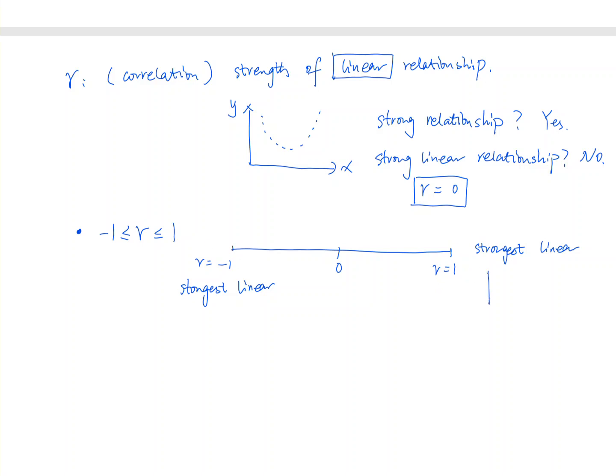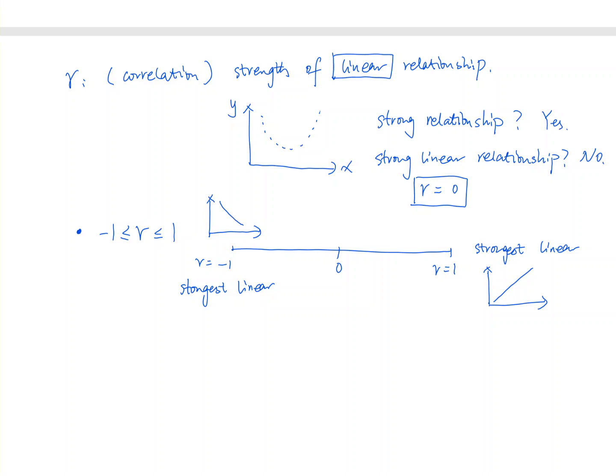When r equals positive 1, that means we have this direction, which is the positive linear relationship. When r equals negative 1, that means we have this direction, the decreasing direction, right? So we have the strongest negative linear relationship.